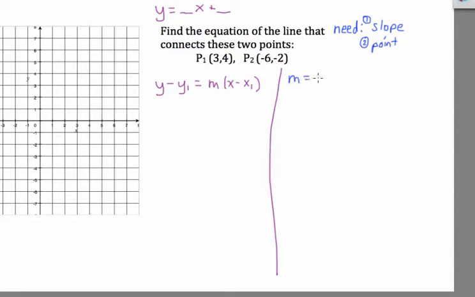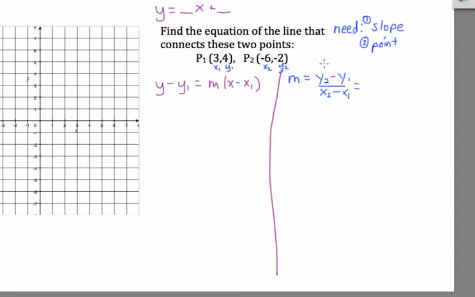Remember our slope equation: y2 minus y1 over x2 minus x1. And then label your points. Here's point 1. So the x coordinate will be x1, and the y coordinate will be y1, and the second point is x2, y2.